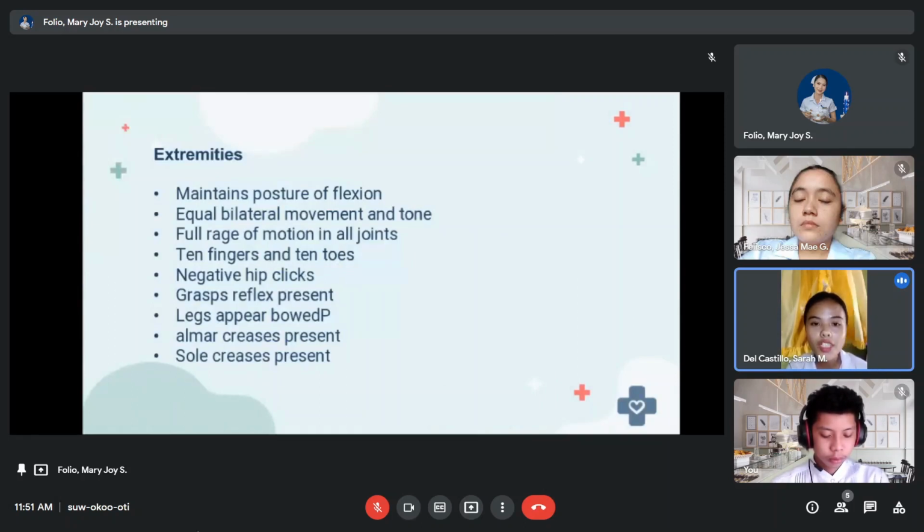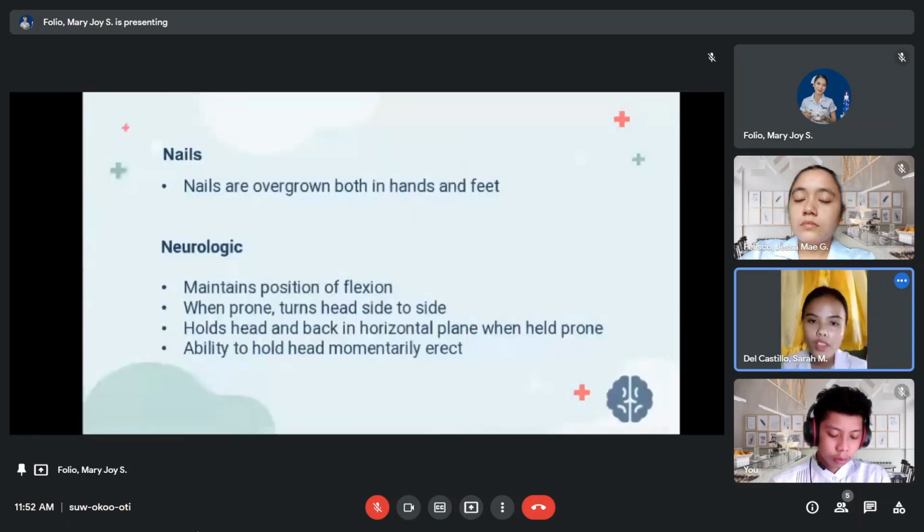And then next. For the extremities, maintains posture of flexion, equal bilateral movement and tone, full range of motion in all joints, 10 fingers and 10 toes, negative hip clicks, Galant reflex present, legs appear bowed, palmar creases present and sole creases present. Next.